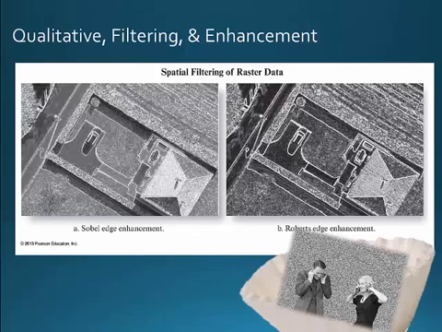The high-pass filter accentuates the comparative difference between a cell's value and its neighbors. It has the effect of highlighting boundaries between features, for example, where a water body meets the forest, thus sharpening edges between objects. It is generally referred to as an edge enhancement filter.